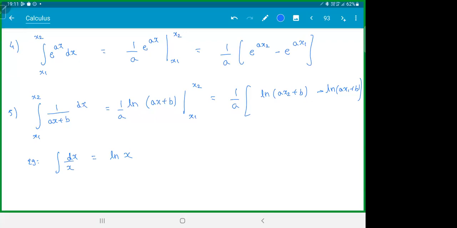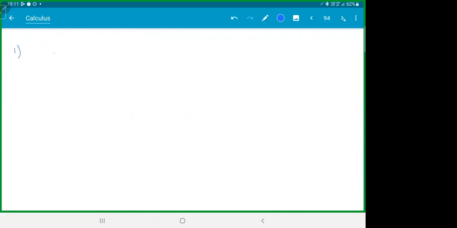Turn the page. And the 2 identities we have: if you have integral a f of x dx, a is a constant, so you can just put that a outside and integrate. So for example, if you have something like 3x dx, 0 to 1, you can just put the 3 outside and say x dx from 0 to 1.